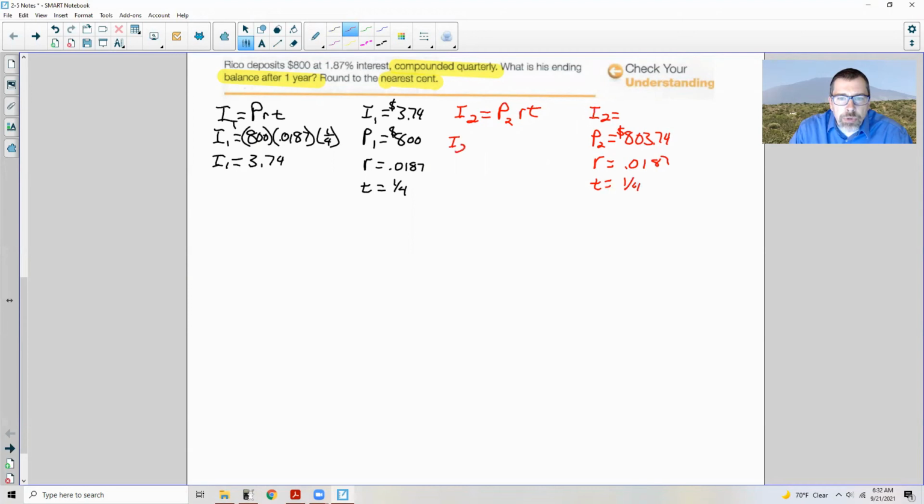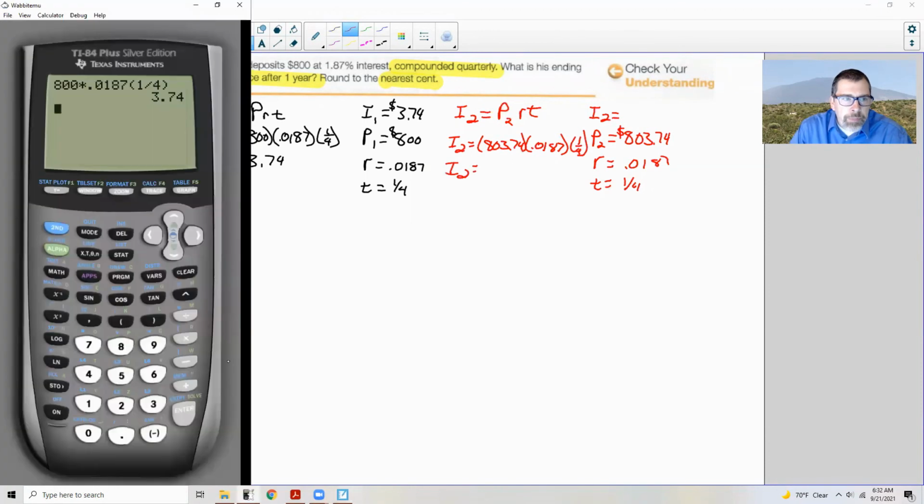So I sub 2 is going to equal 803.74 times 0.0187 times a quarter. So my I sub 2 is going to end up being, and I'm just going to say plus 800 here just to get that, 803.74 times 0.0187 parentheses 1 over 4.